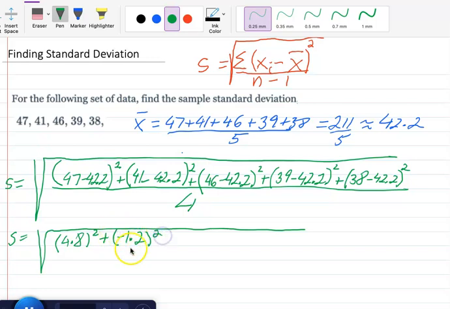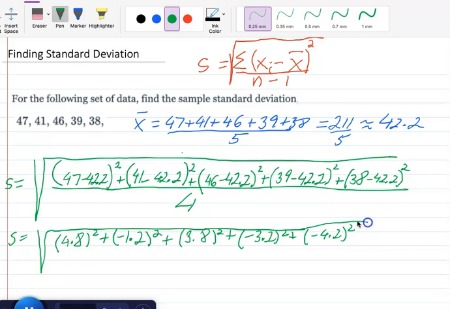You want to keep that number in parentheses because you are squaring a negative and you'll end up with a positive number. If you did not put it in parentheses, you might end up with a negative number. Then 3.8 squared, plus 39 minus 42.2 is negative 3.2 squared, plus the last one is negative 4.2 squared.